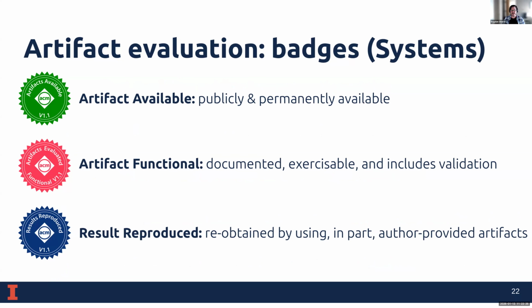We offer 3 badges: whether or not your artifact is available on permanent storage, whether or not your artifact is functional, so I can clone your repository or download it, and it's documented well enough that I can run, build and exercise a bit of its functionality. And finally, if I follow the guidelines that the authors put forth and use their scripts, I'm able to re-obtain the results.